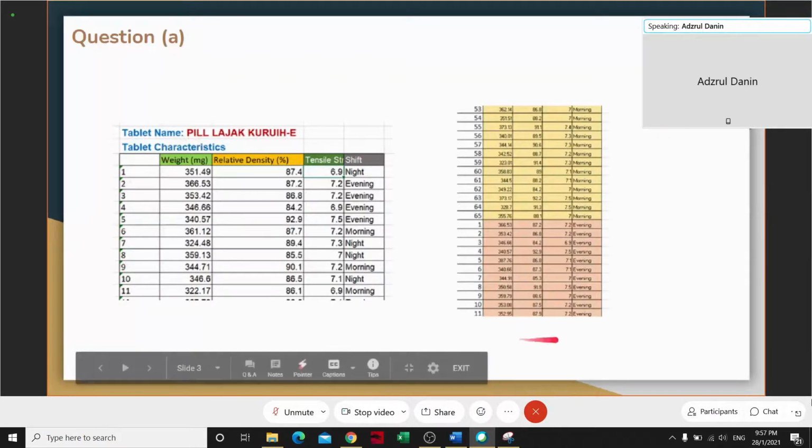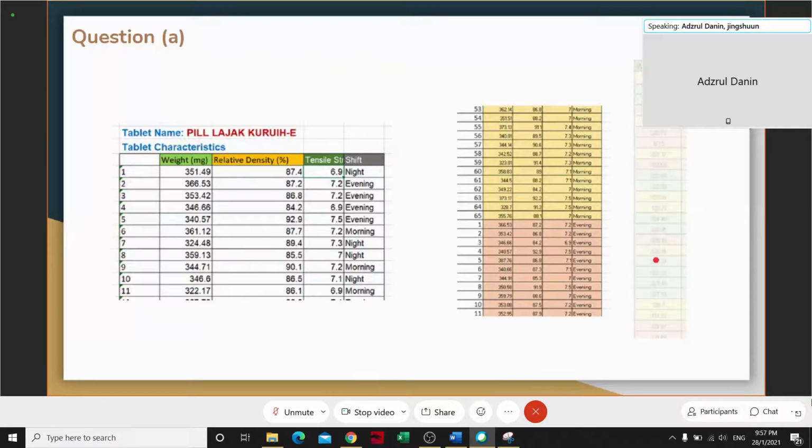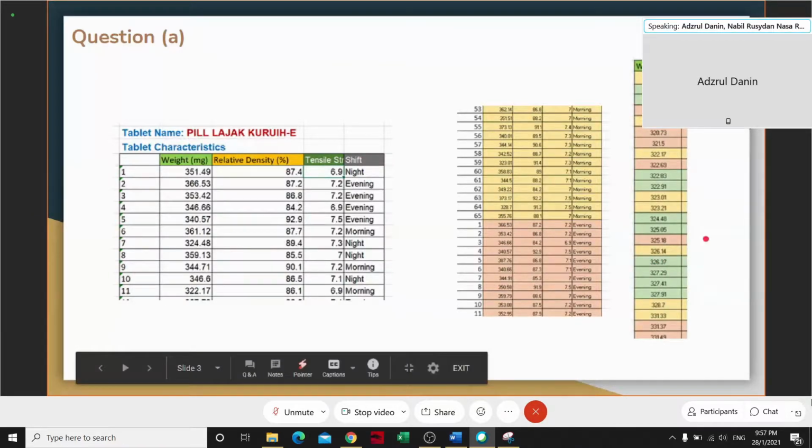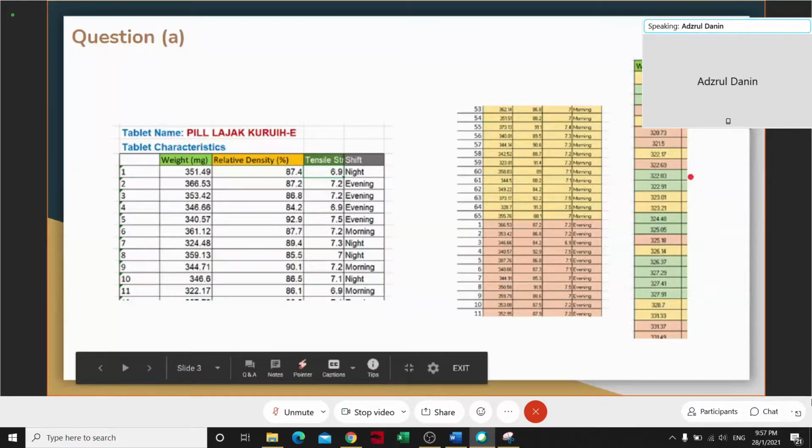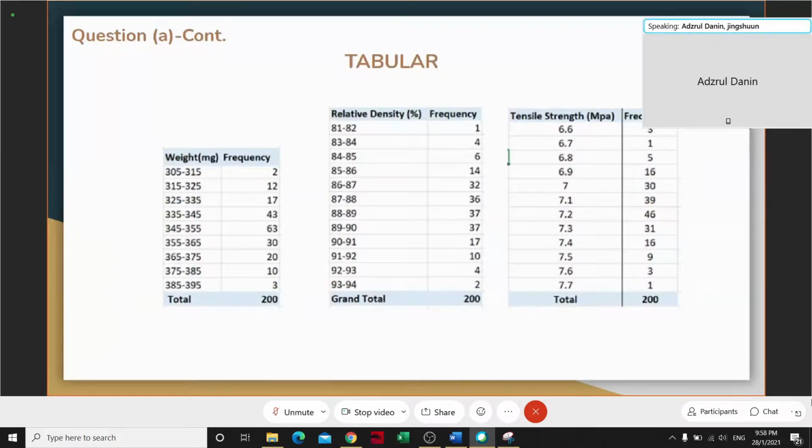From this we can sort the data if necessary by anything we want, either by value or by shift, just like in this case. For this table analysis, since there are no specifications on what we are finding, we just extract anything that we could.